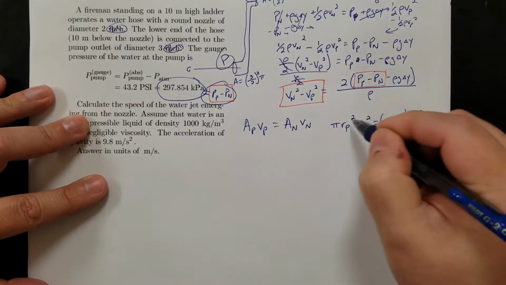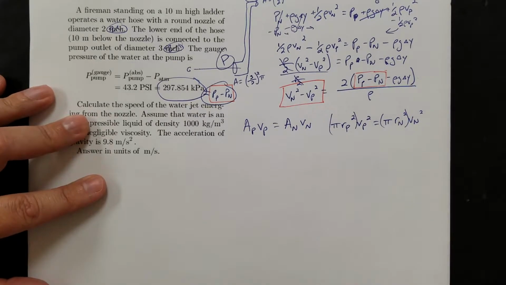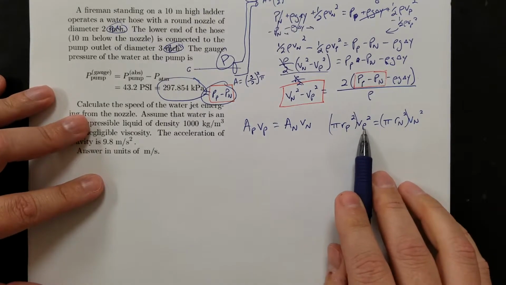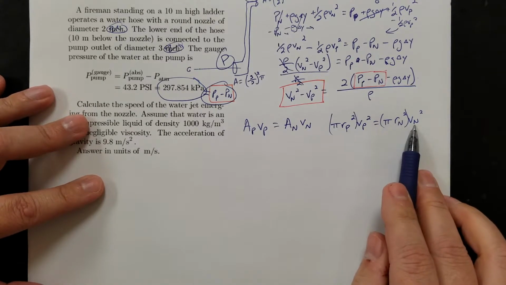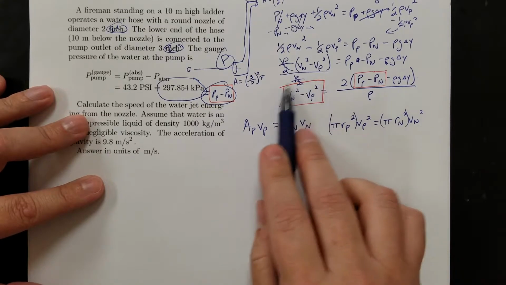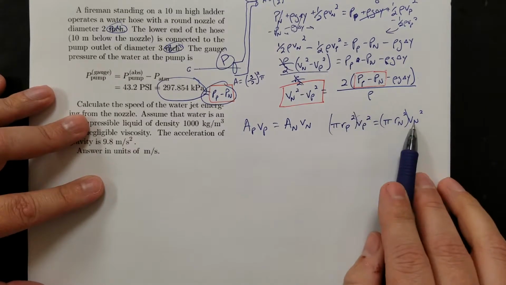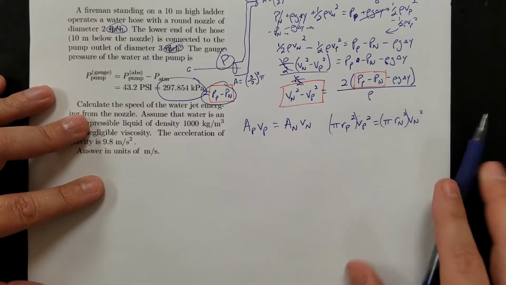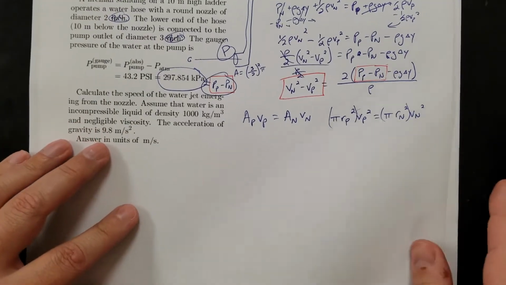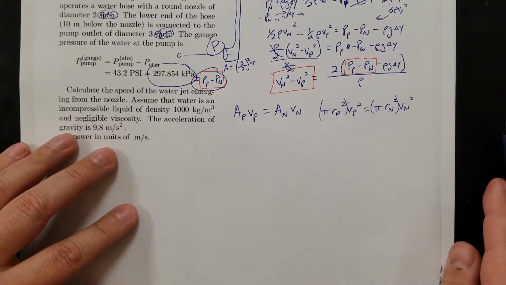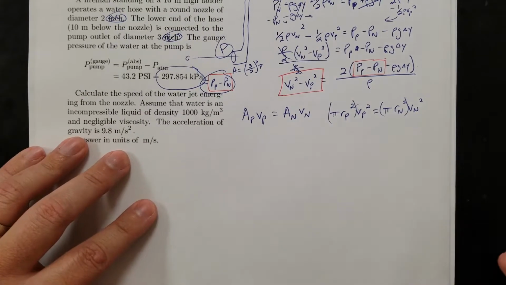All I did was turn A into pi r squared, right? And oh, look, you can see I got a Vp squared here and a Vn squared here. And look over here. I already figured out what Vn squared minus Vp squared is. So if I could somehow combine these two terms, I would have a number that I know, right? And that would make solving a whole bunch easier, right?